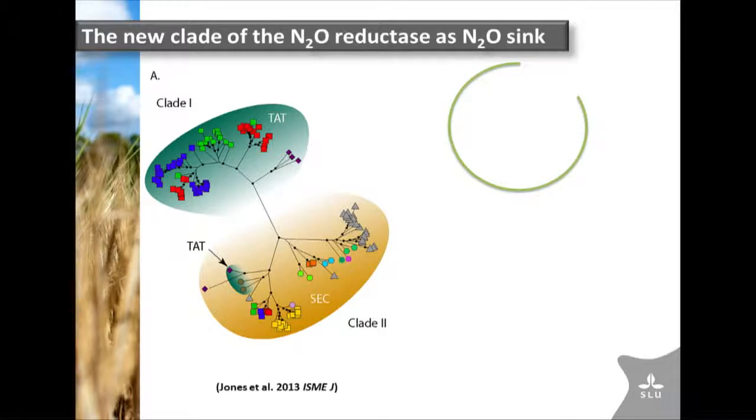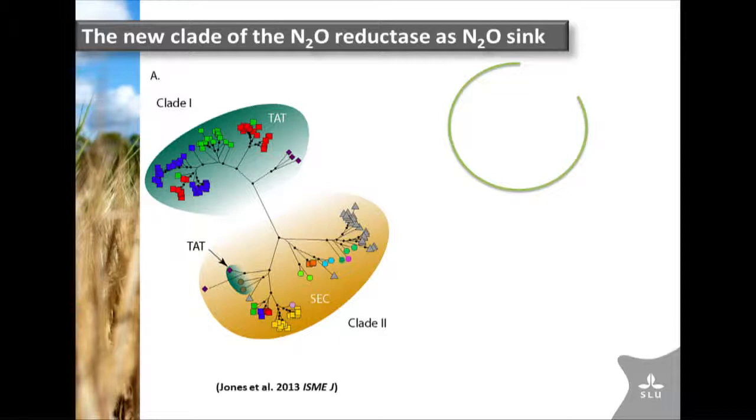And you heard before that this nosZ gene that codes for nitrous oxide reduction can be split into two clades. And this was presented on a poster in more detail yesterday, and the first author here, Christopher Jones, is attending the conference, so if you're interested, you can address him for details about this.